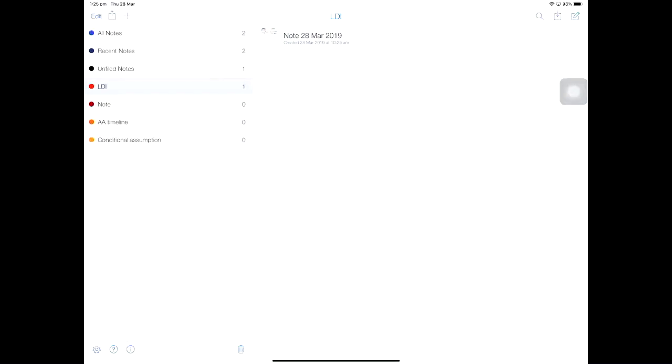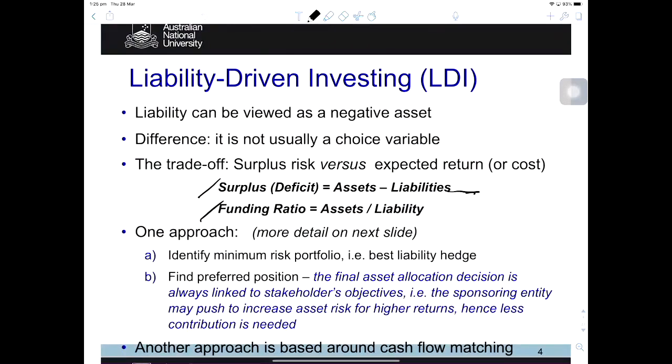What happened in the global financial crisis in 2007-8 is that the growth assets, especially equity and alternative assets, were hit hardest compared with corporate bonds, government bonds, or other investments. So you will sometimes observe a very much narrowed difference between the value of assets and projected liability.